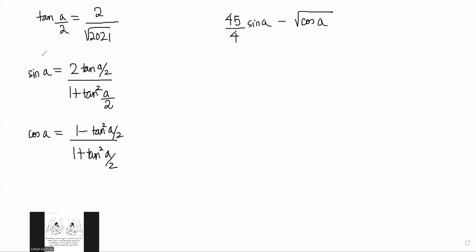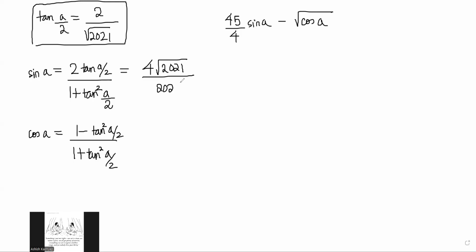So sin A value can be easily found, cos A value can also be found, right? Because we know this. If you simplify it, you should get 4 times root over 2021 divided by 2025 here, and here this should come out to be 2017 by 2025. After that, it's a simple calculation.